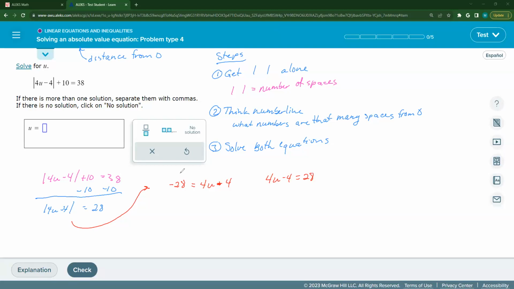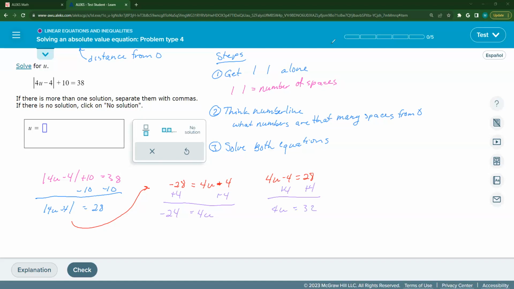And then we get to finish solving these. So we're going to add 4 to both sides, and we have negative 24 equals 4u. And this one, we would add 4 as well, and we have 4u equals 32.